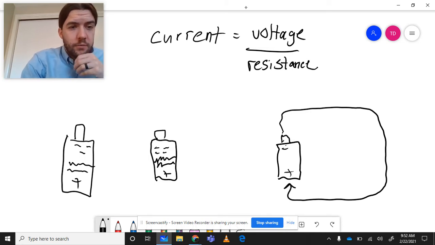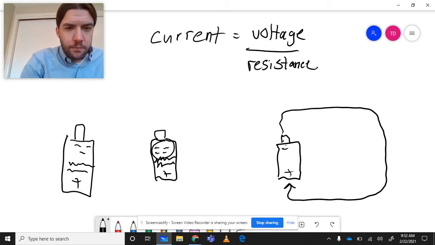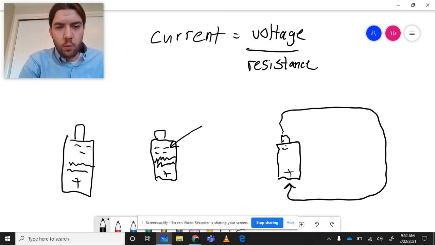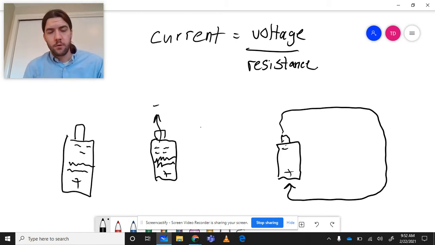If you have a bunch of stuff that all has negative charges, these electrons don't want to stay together. But four of them want to stay together even less than three of them do. So the one with the greater voltage would be this one. It has more electrons that want to push against each other, and they are going to shoot out with a greater force because there's more in there.